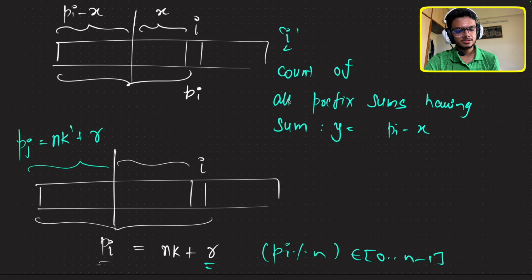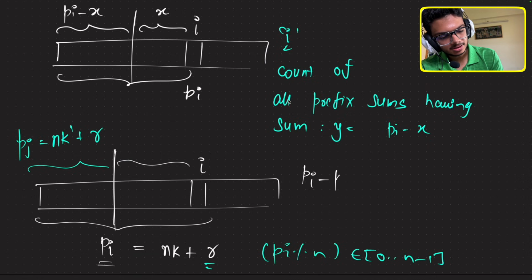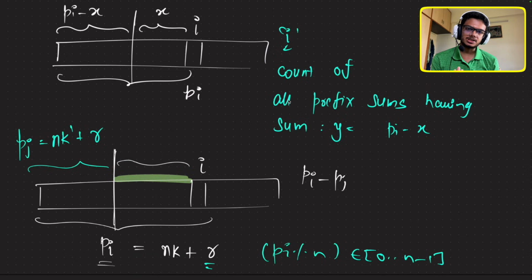You subtract pj from pi. So what does it become? r gets cancelled out. So if you do pi minus pj, I'm talking about this part, guys, what is this part? This part is pi minus pj, right? So pi minus pj will become r gets subtracted, and then you have n common, k minus k dash.